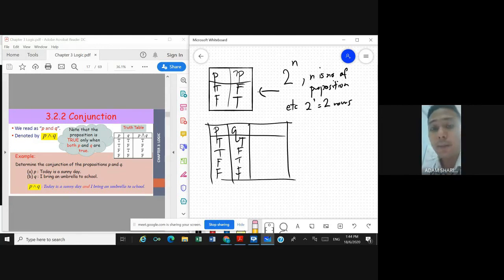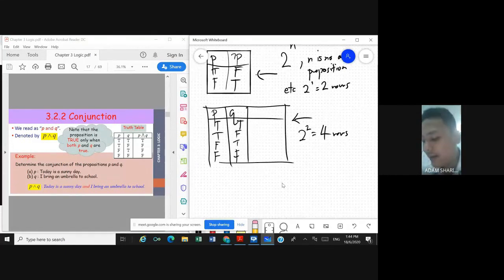Okay, for the bottom part here, how many rows can you have? Because you have 2 propositions, P and Q, 2 to the power of 2 is 4 rows. So how many rows will there be if we involve 3 propositions, regardless of the operation?